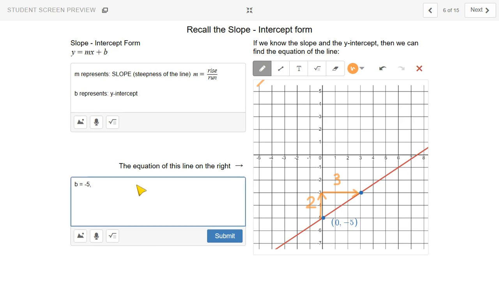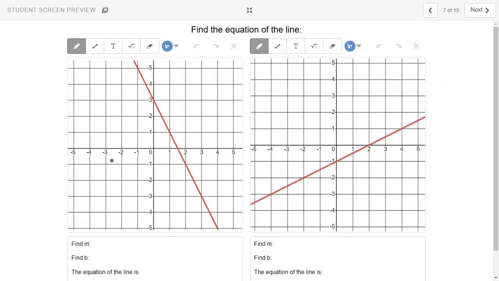That gives me a slope of rise of 2 over a run of 3. So our equation is going to be 2/3 x minus 5. And we have the equation of this line. Let's do another 2 examples here.